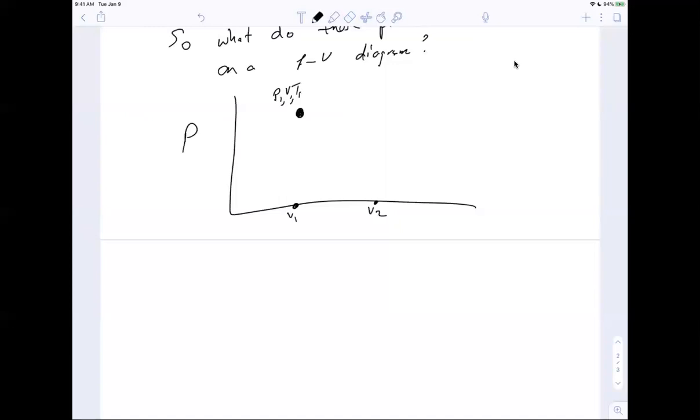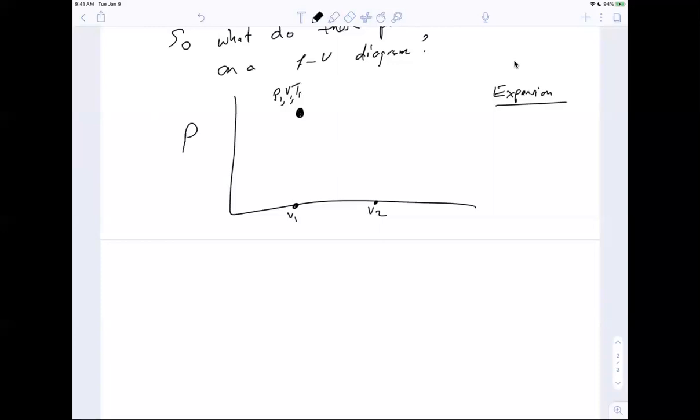So let's say we're going to expand. So let's just consider we have expansion. Okay, and we start at P1, V1, T1, and we're going to expand. If we have an adiabatic process, we know that the temperature changes and the gas expands. So what do you think happens to the temperature as the gas expands in this process? It decreases.